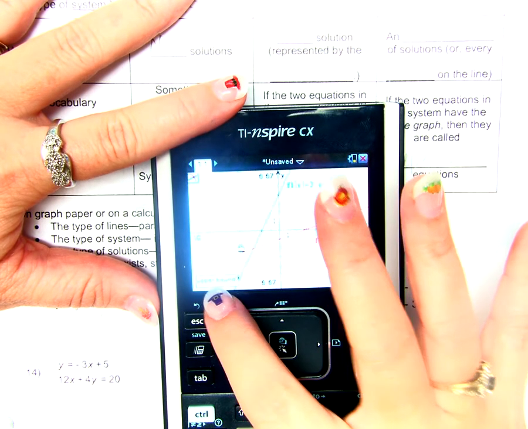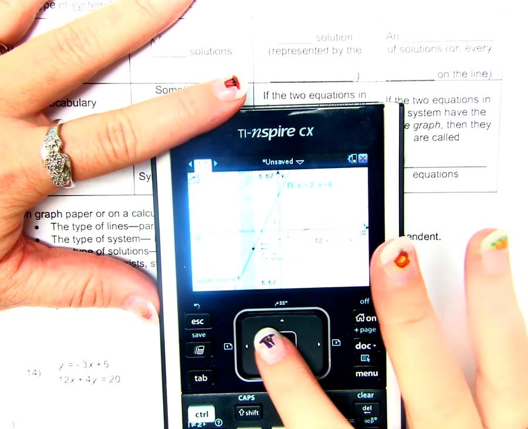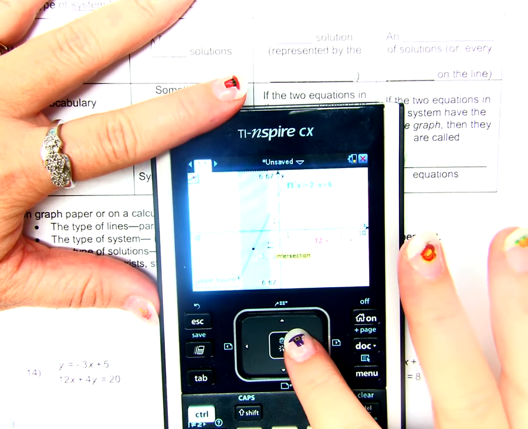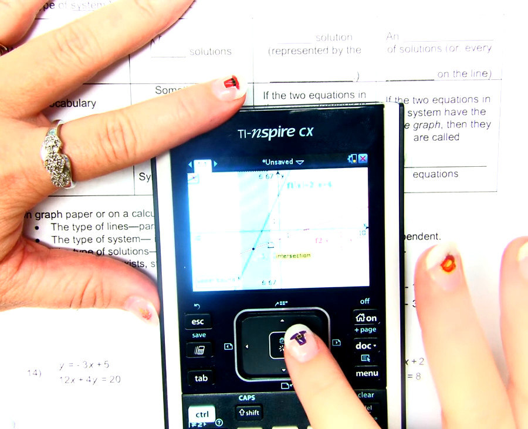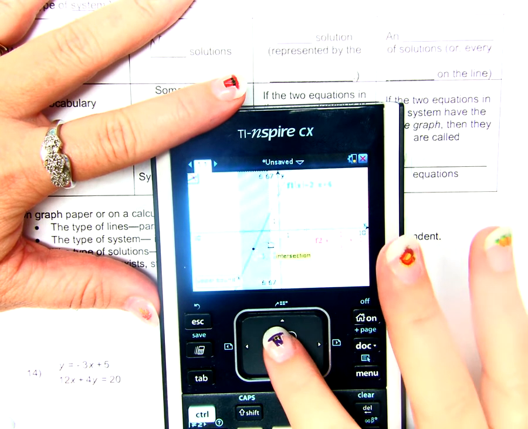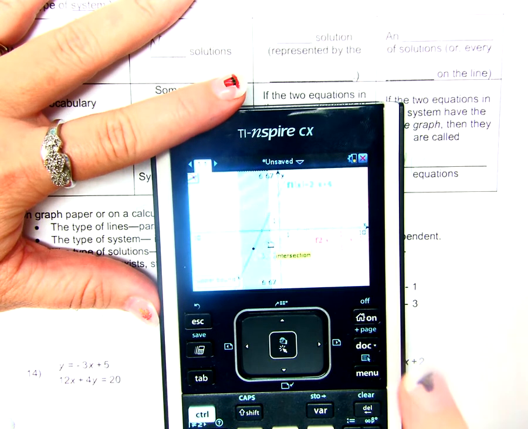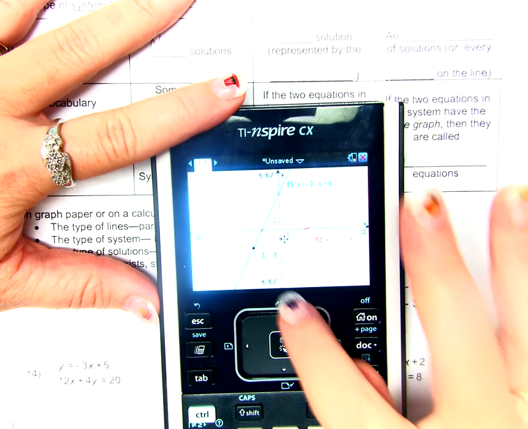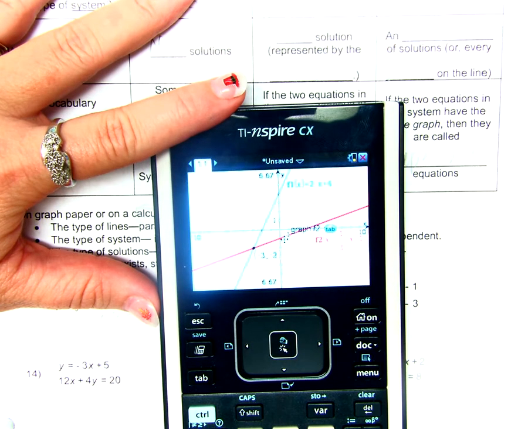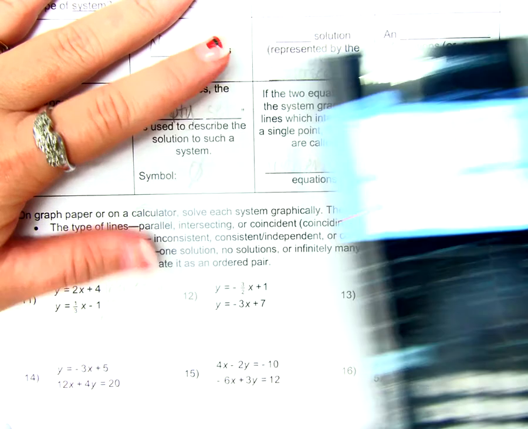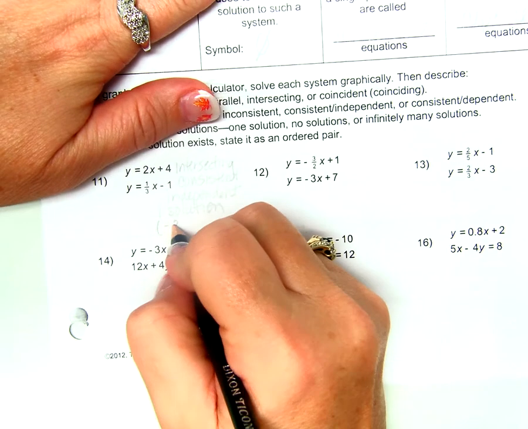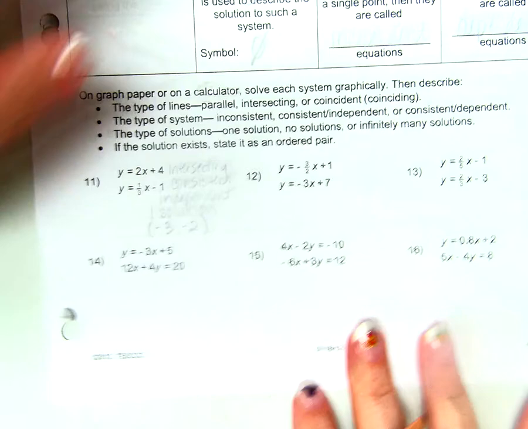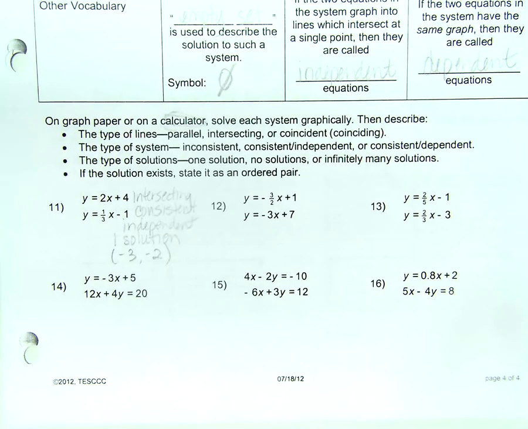Now it says upper bound. So I need to scoot it to the right-hand side of my intersection. And look what it did when I did that. It highlighted it, right? So when I press it again, it tells me my intersection right there: -3, -2. Any questions about that?